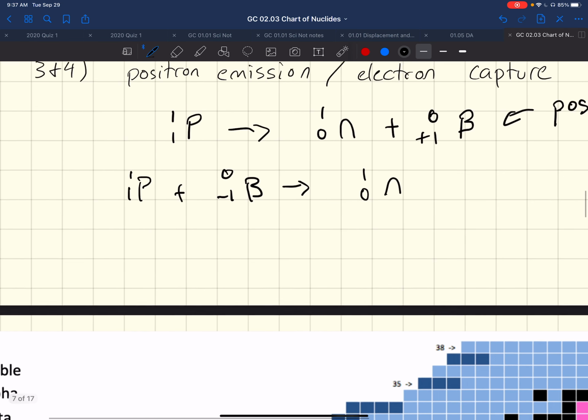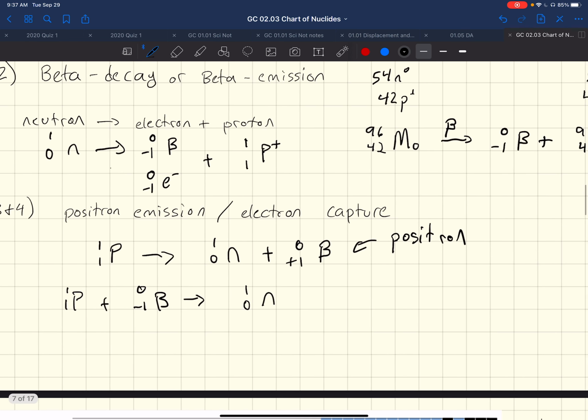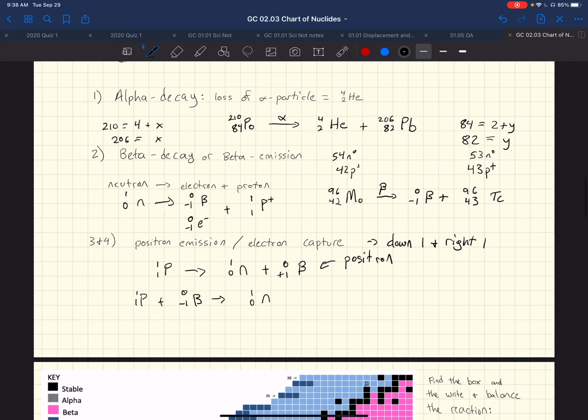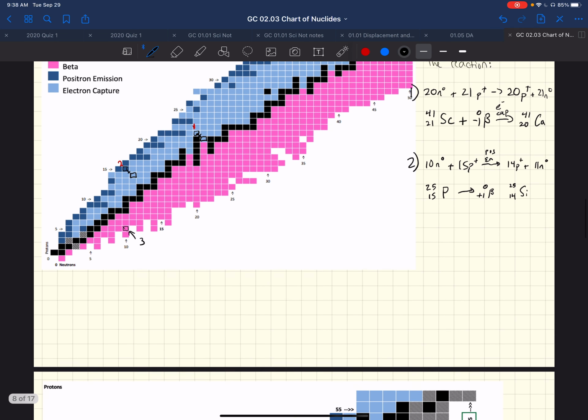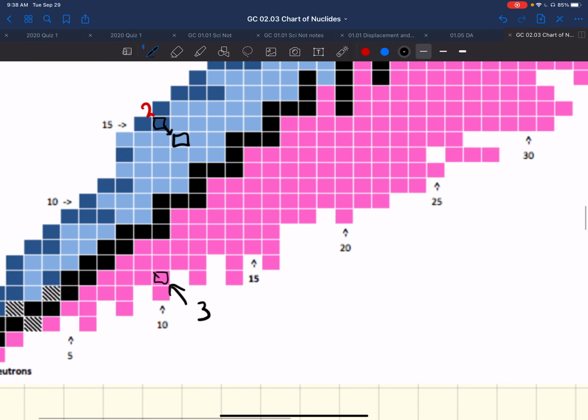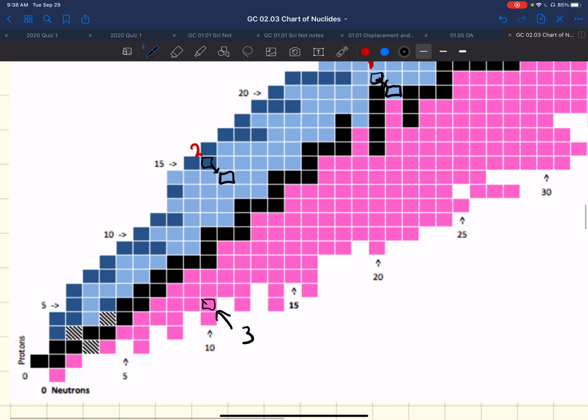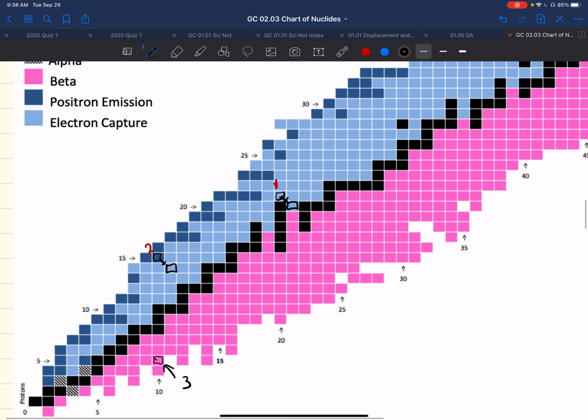So for these two, positron emission and electron capture, this is down 1 and right 1, or diagonal to the right 1. All right, so same thing for this third isotope down here that we're going to do.